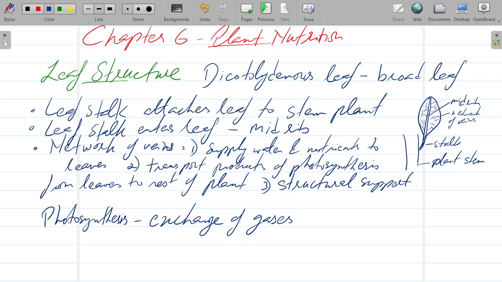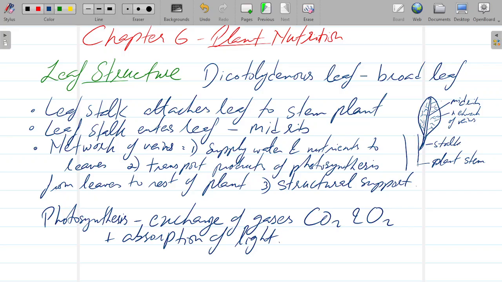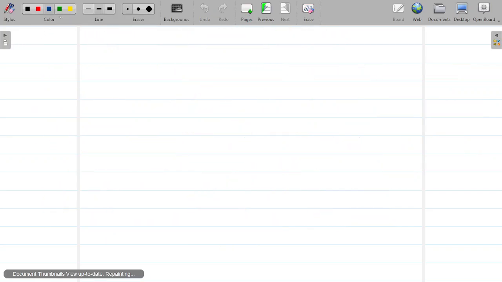Oxygen and carbon dioxide, and absorption of light from the sun. And so, how is the leaf adapted for photosynthesis?